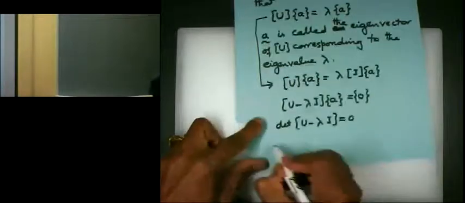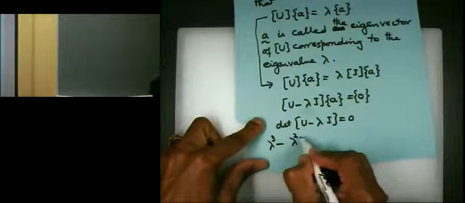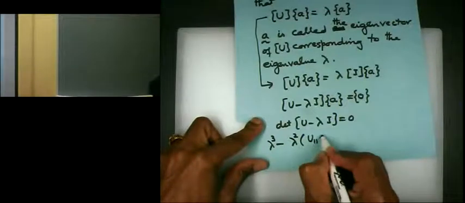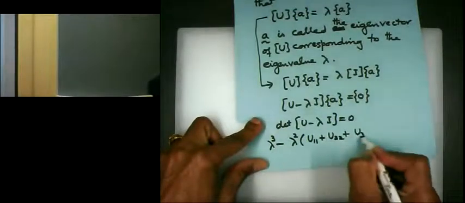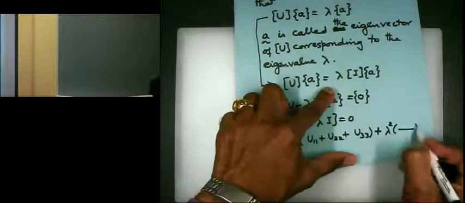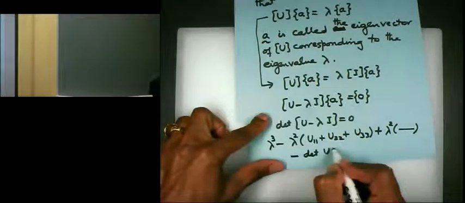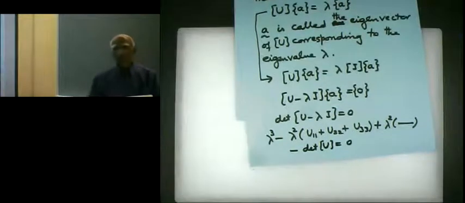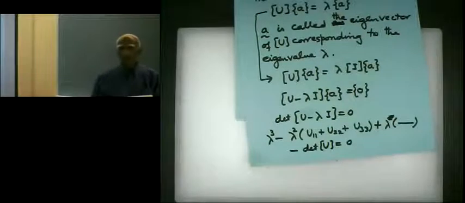So what we will get is lambda cube minus lambda square times (u11 plus u22 plus u33) plus lambda times something minus determinant of u equal to 0. I did not write what is multiplying lambda. So it's lambda cube minus lambda square times something plus lambda times something minus determinant of u equal to 0.